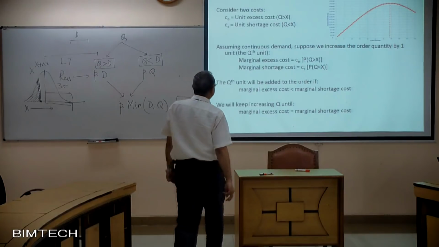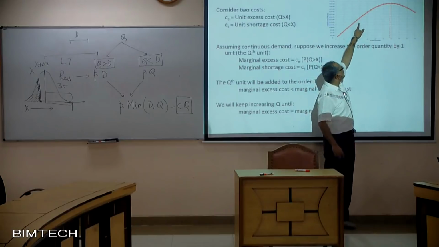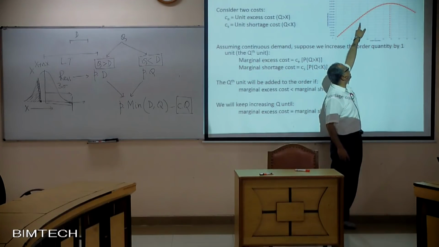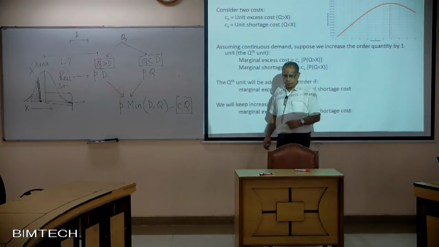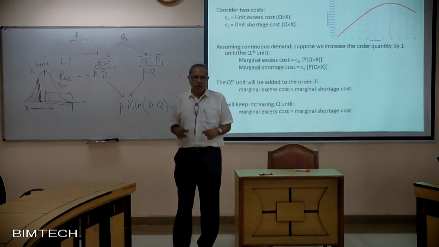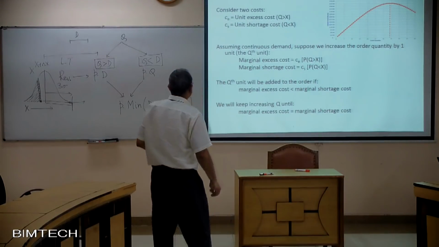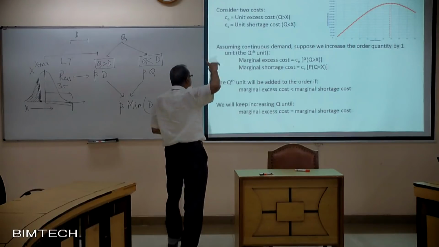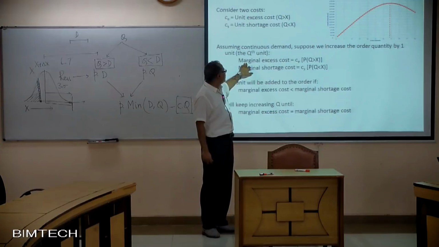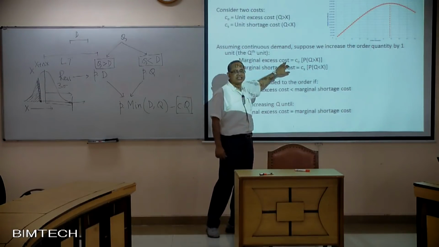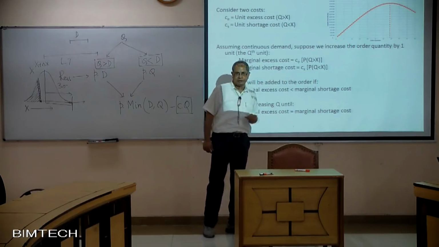So let us consider what happens if I order one more unit, the Qth unit. For that one unit, we are going to consider the marginal excess cost and the marginal shortage cost.